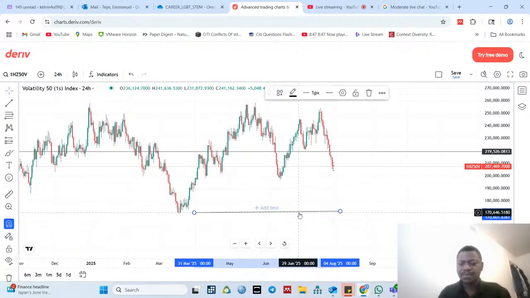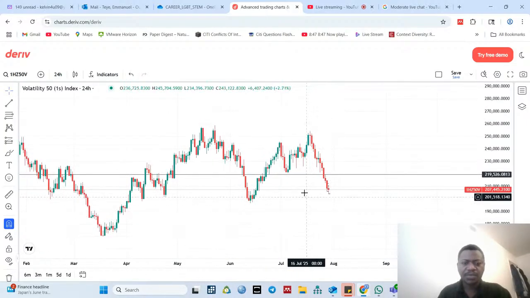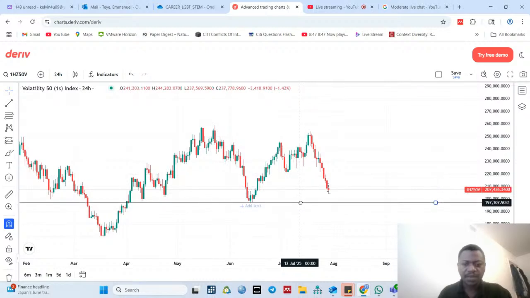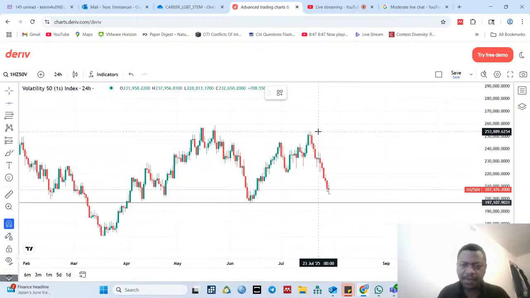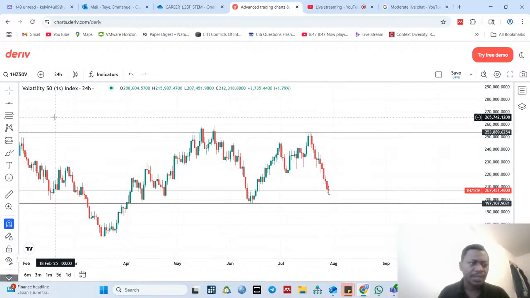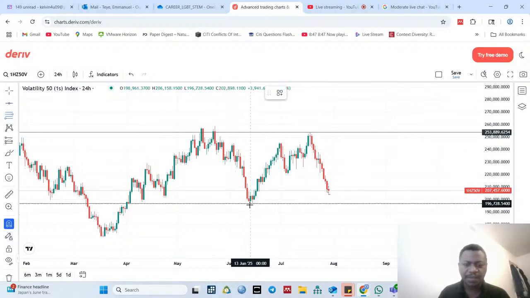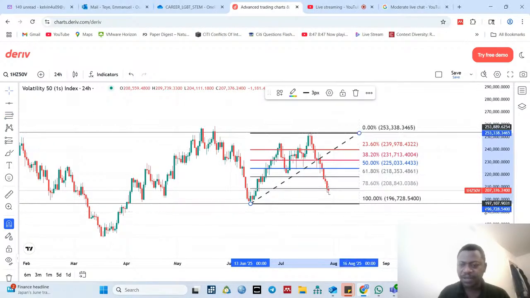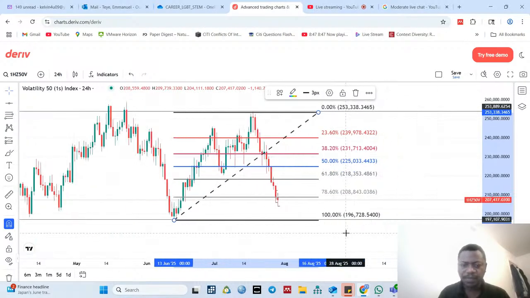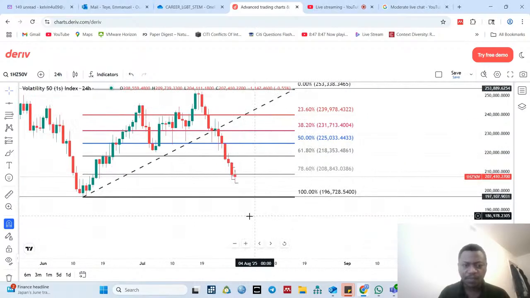So with that in mind, I can use this area and up here as my range. Within that area, let me see from the Fibonacci, let me see the pullback. Let me see which level we are at right now.